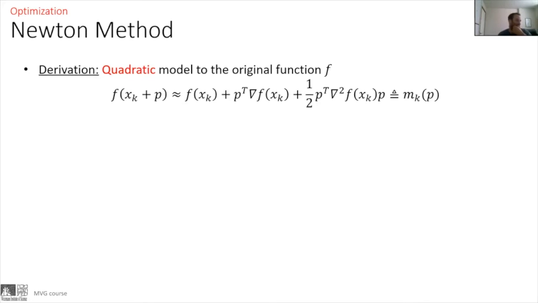Last week you saw that we can take only the first order approximation, but in this lecture we'll see what happens when you take the second order, a higher order approximation of the function. Our goal is then to minimize the approximation over the direction.